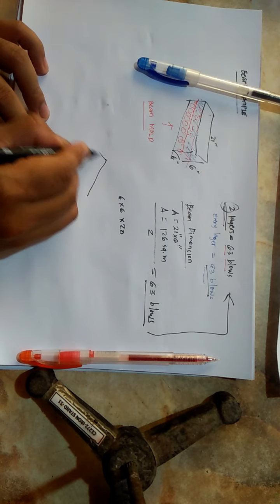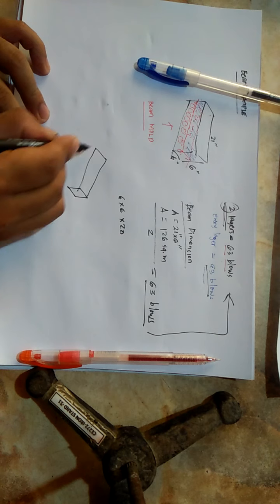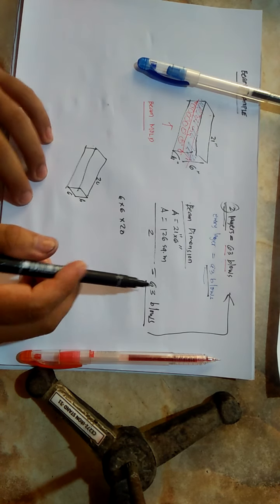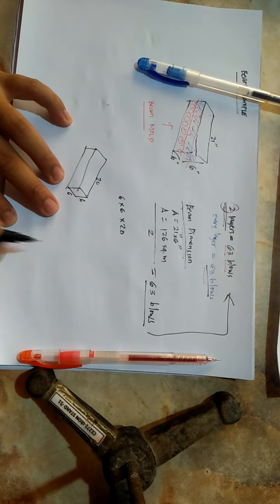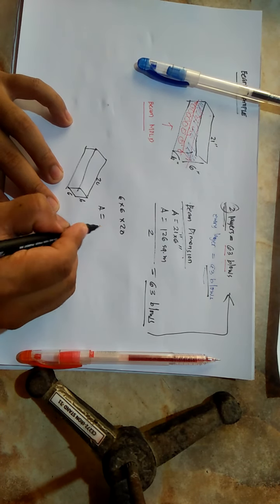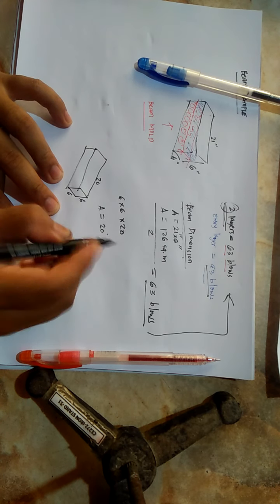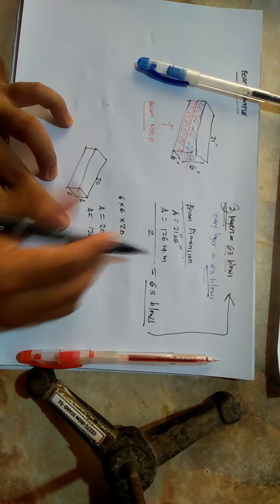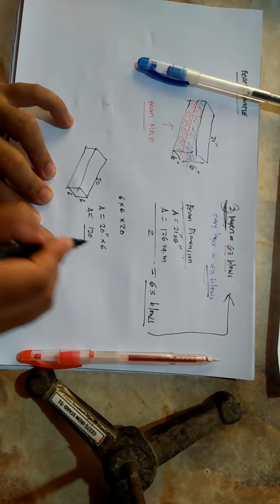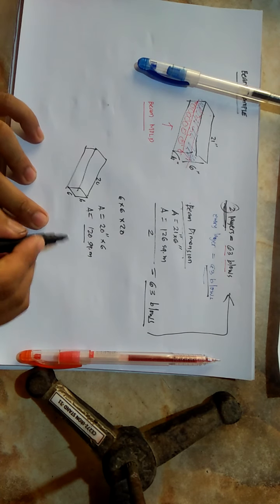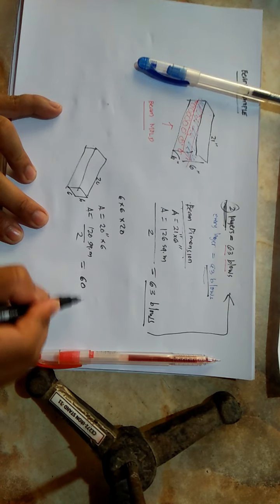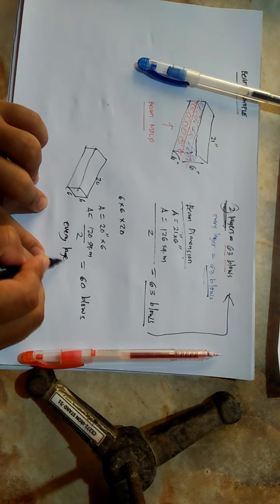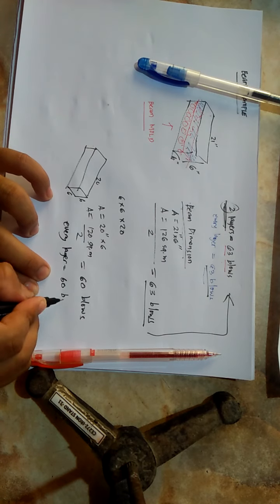Kunin mo yung beam dimension, area is equal to length mo 20 times 6. So, area is equal to 120. Ilang layers ang requirement? 2 layers divided by 2. So, ilang blows? 60 blows. So, every layer dito, dapat 60 blows.